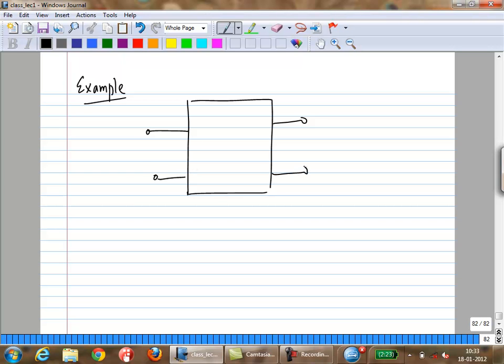So let us say this is your 2-port, V in and V out. So let us say this consists of R1, R2 and R3. Okay, this is a very simple resistive circuit.